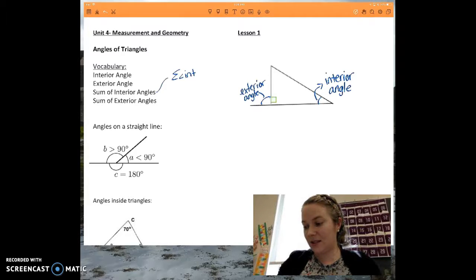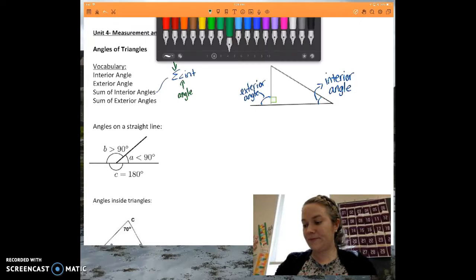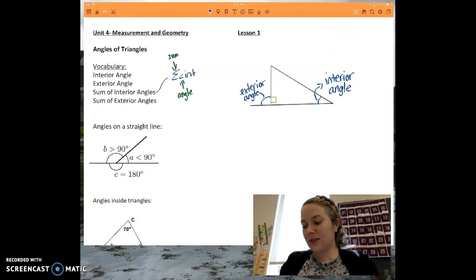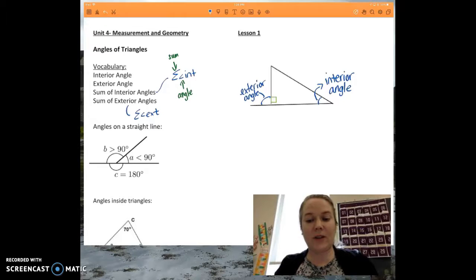This little symbol means sum. That symbol is angle. So there's no surprise that the notation for the sum of exterior angles is the sum of angle x. That means you add up all the exterior angles. So just to let you know, that symbology will show up a lot in this unit.